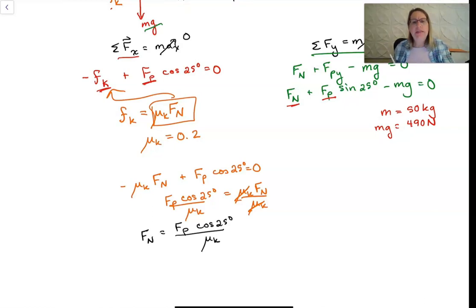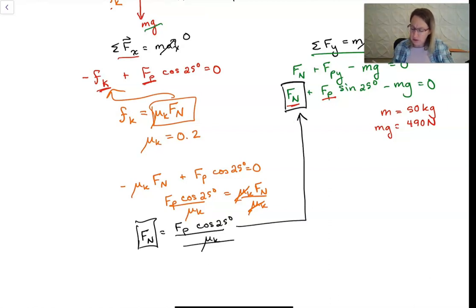Now, I just need to substitute that into my y equation. So I need to take this equation and plug it in right there. Substituting that in, I get Fp cosine 25 degrees over mu sub k plus Fp sine of 25 degrees. I'm going to add mg to both sides, so I get a plus mg.